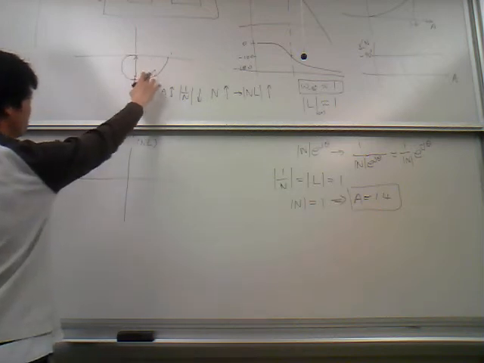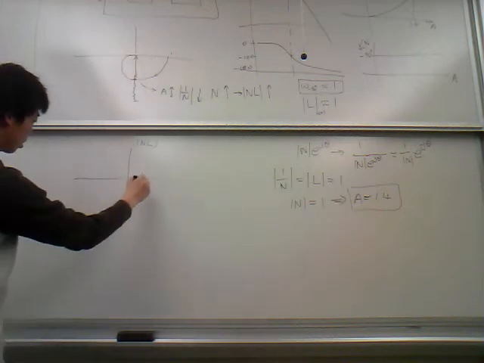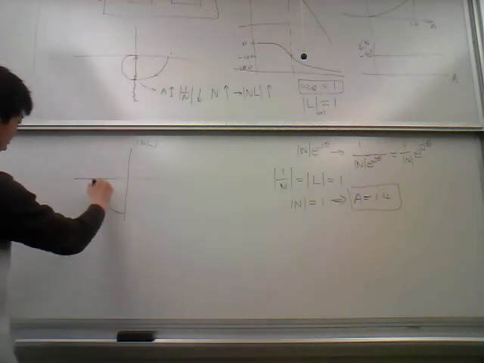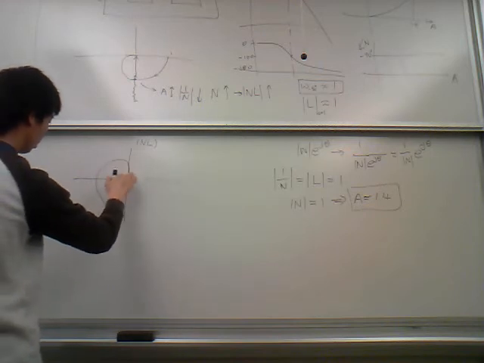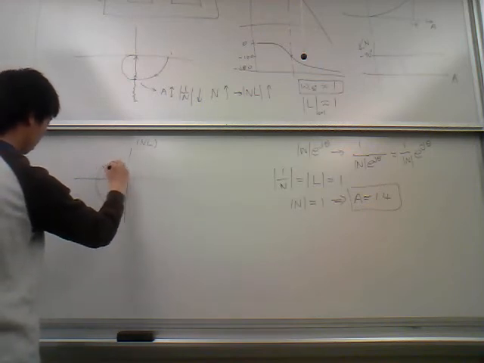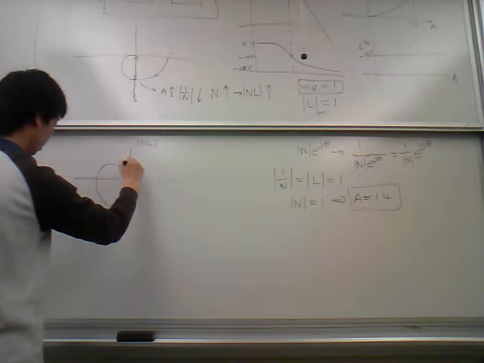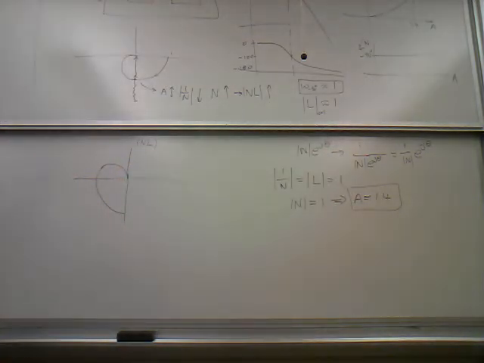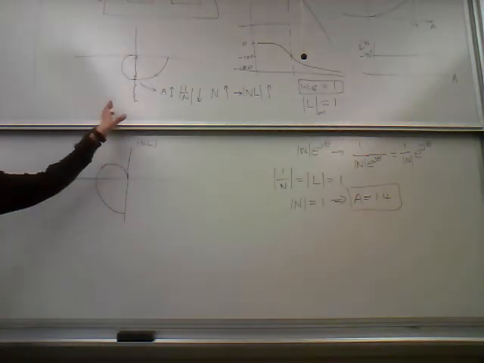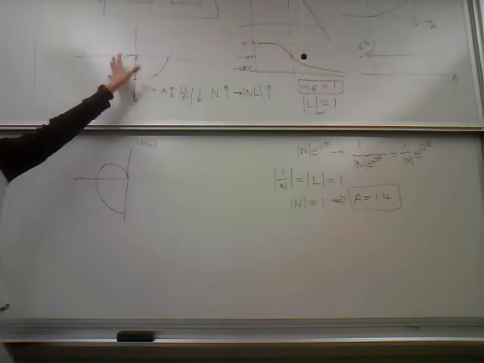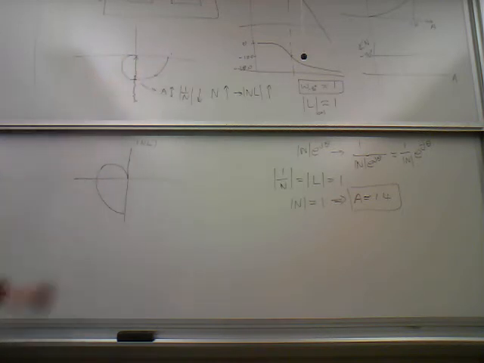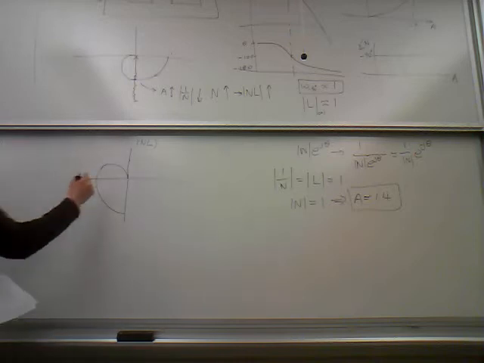So this is just for L. So if we shift the plot of L by 90 degrees, because of the phase of N, we get the plot of NL, which looks something like this.